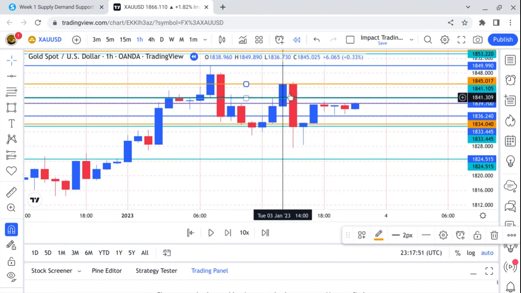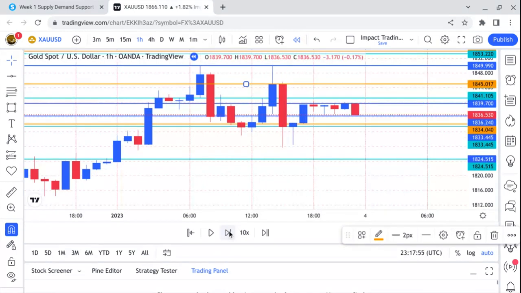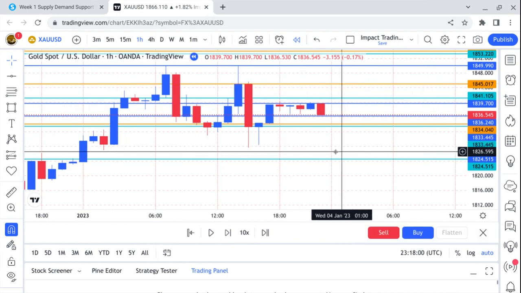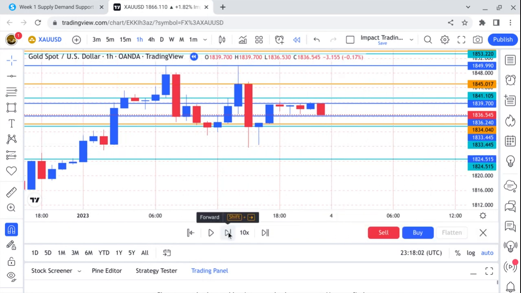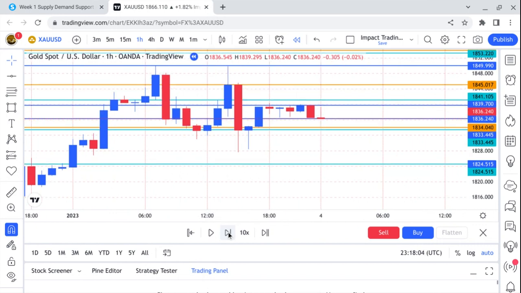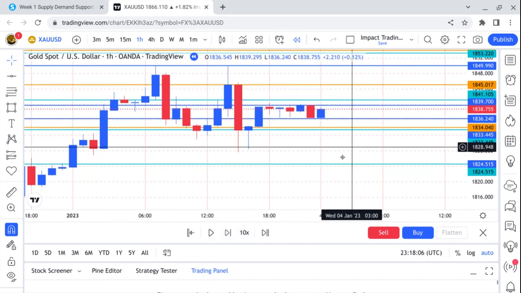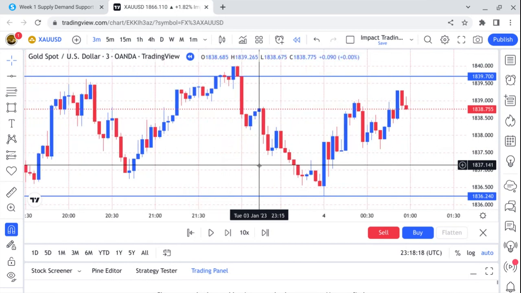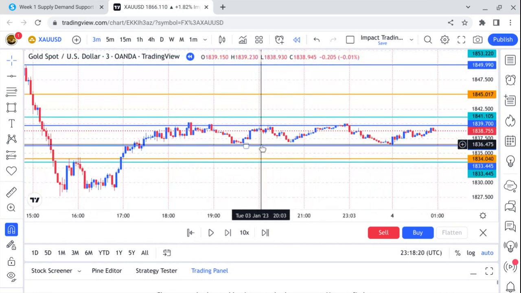All right, Asian range. Here we go. Asian range. January 3rd. All right, we just hit a supply demand area where we could have placed a trade long here. We could have placed a trade long here at this area on the 3rd.